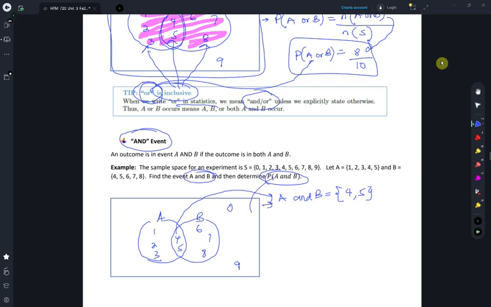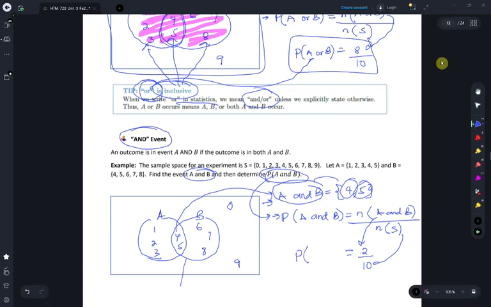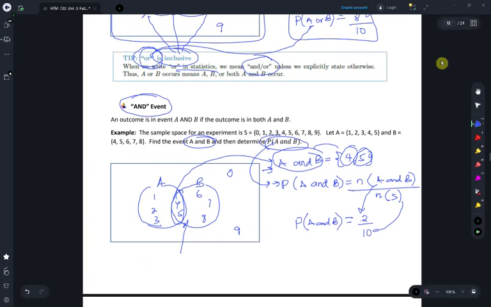Based on that fact, the probability of A and B will be the number of points in both A and B divided by the number of points in the sample space. How many points do we have in A and B? 1, 2. So that will be 2 out of 10. Take note that for not disjoint events, because they have something in common, the probability of A and B in this example is 2 over 10.